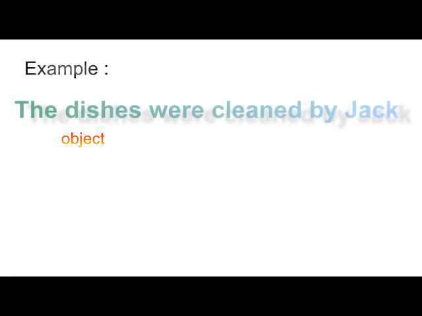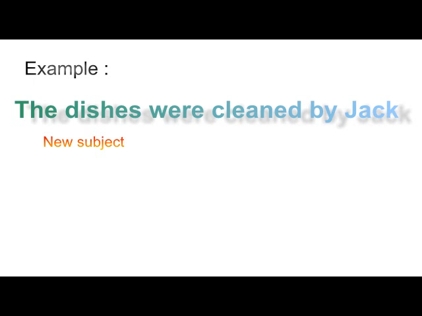Now, what is passive voice? Let us take a look at the same sentence, but this time in passive voice. The dishes is the object, but it has moved into the subject position, so it has become the new subject.